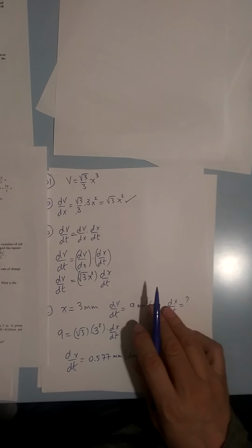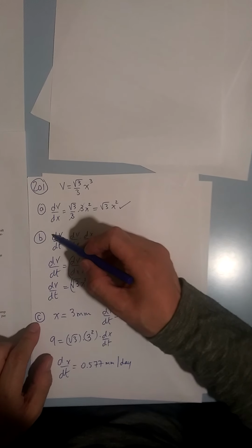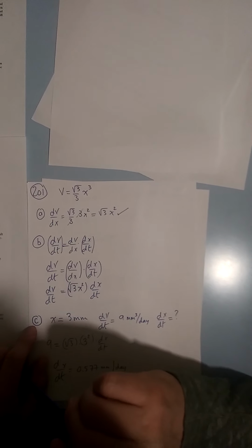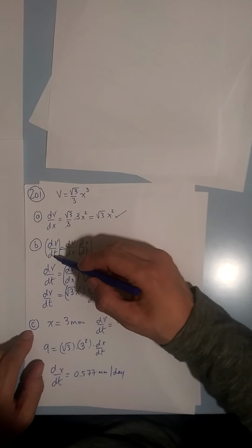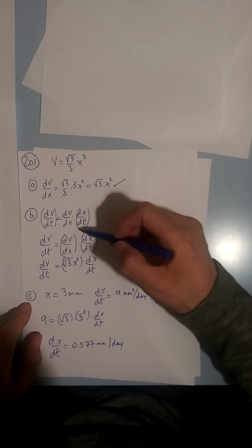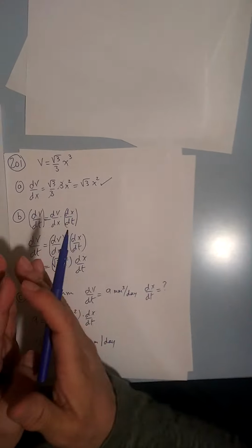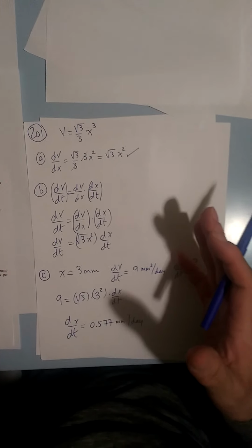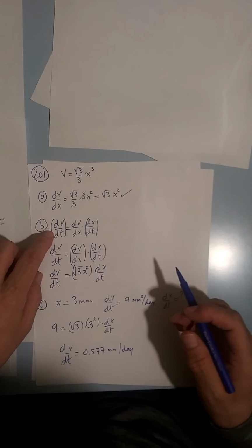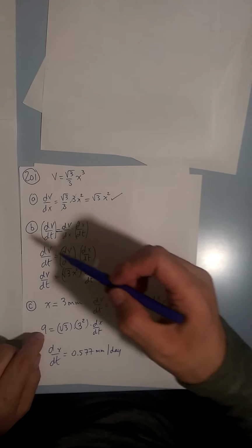How is the rate of change of volume related to the rate of change of the side? dV/dt is the rate of change of volume. dV/dt is equal to dV/dx times dx/dt. dx/dt is how fast the side is changing. We just found dV/dx.